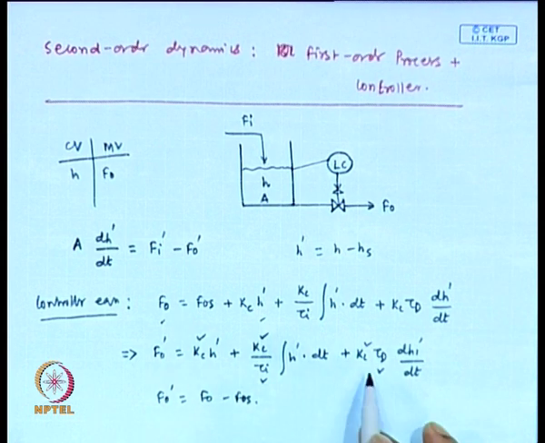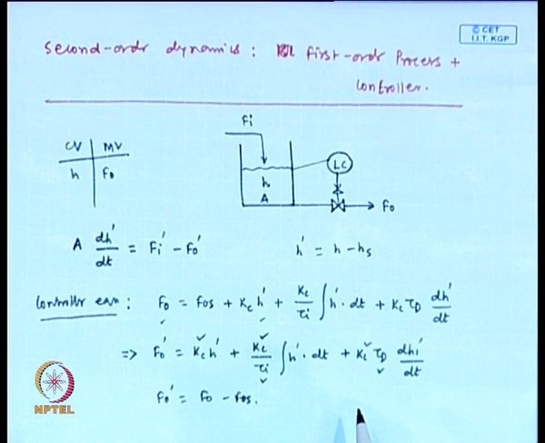In this controller equation, K C, tau y and tau d are constant parameters.